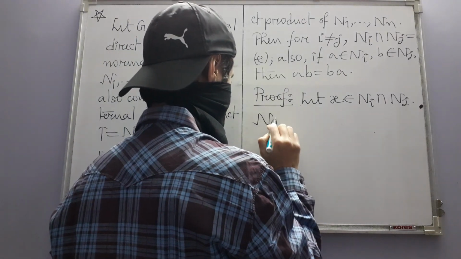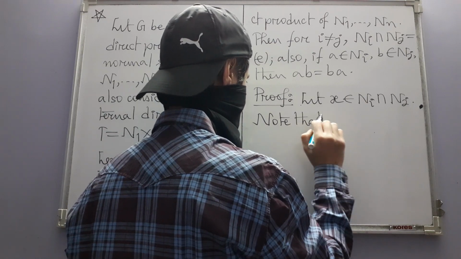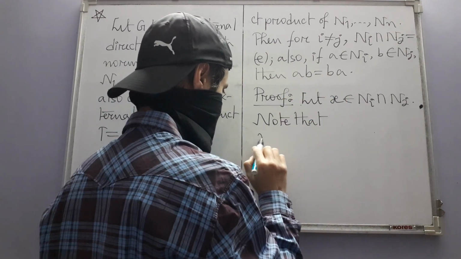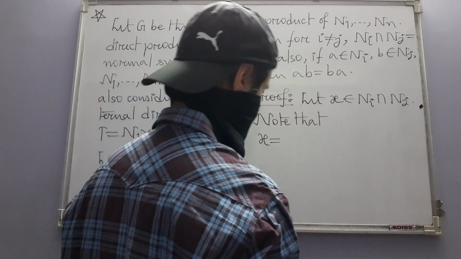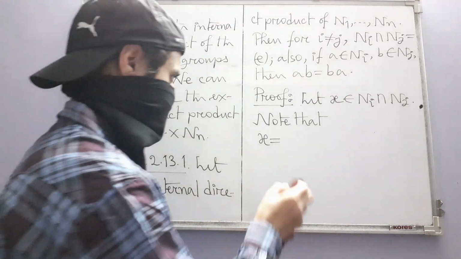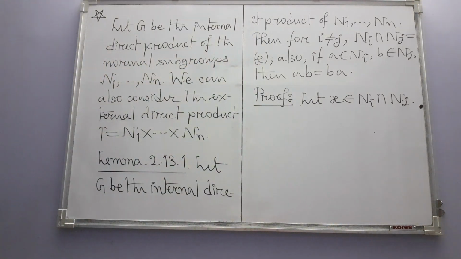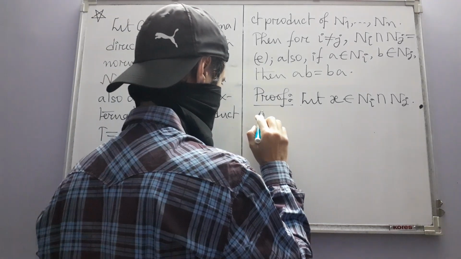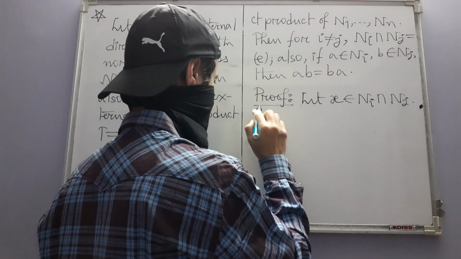Note that we can write x like this. Oh, but before we write this though, I think one more assumption will be needed. Since it's not there in the book, but it's necessary to write this.